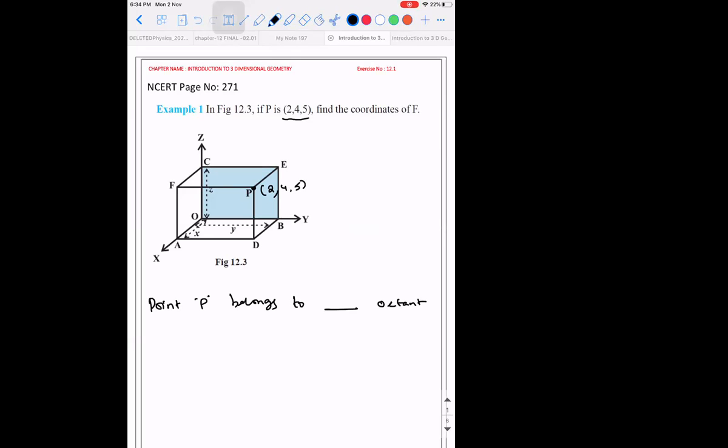Look at the coordinates. All the three are positive. It belongs to the first octant.